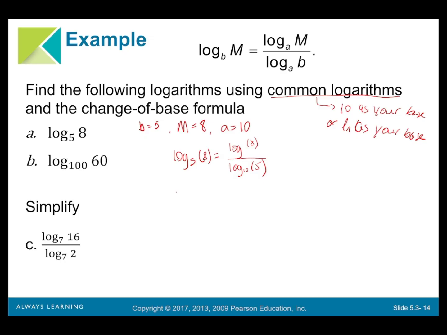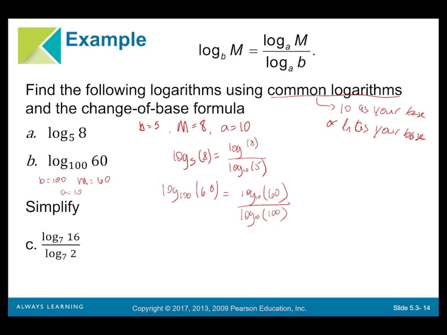Now with the other one, we have log base 100 of 60, and so our little b here is 100. Our m value is 60, and our a, again, is 10. Therefore, we have the log base 100 of 60 equals log base 10 of 60 divided by log base 10 of 100.